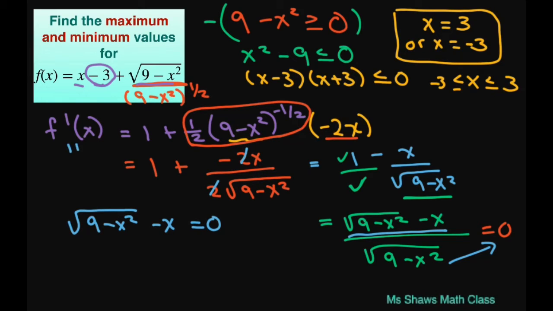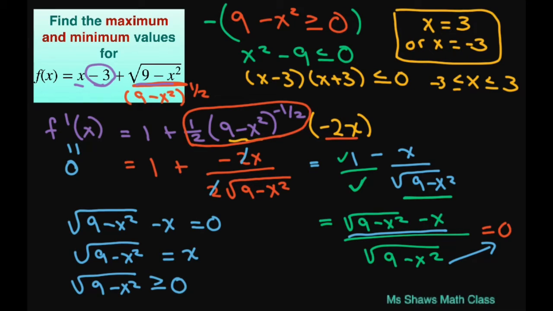We want our f prime of x to equal 0, so we have square root of 9 minus x squared equals x. And also note that square root of 9 minus x squared has to be greater than or equal to 0. So keep this in mind.